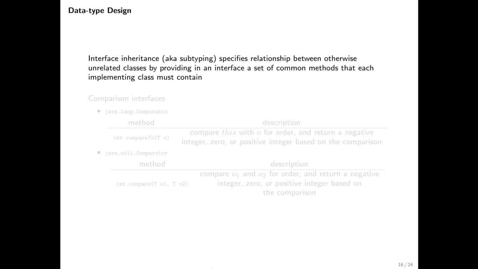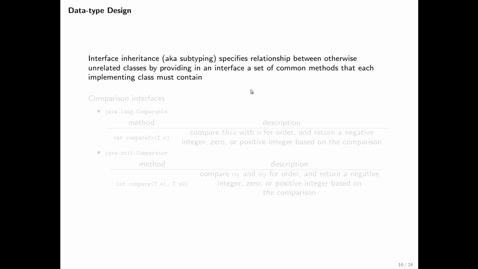Now, interface inheritance or subtyping is what we're going to discuss here, and that idea basically specifies the relationship between seemingly unrelated classes by providing in an interface a set of common methods that each of the implementing classes must contain.